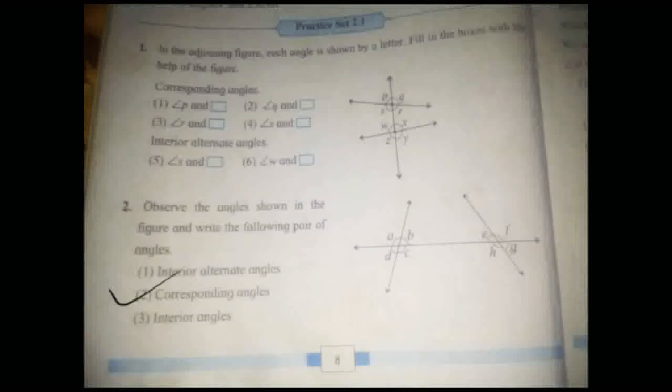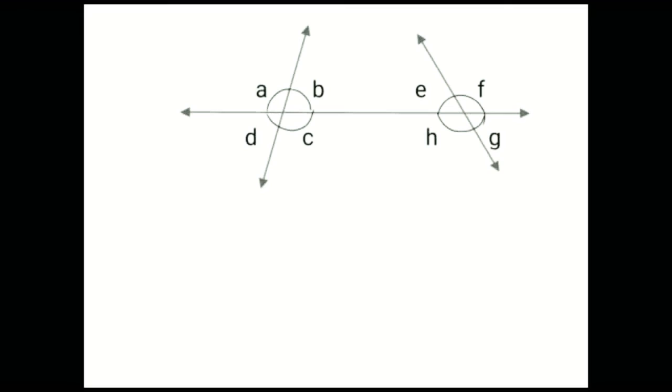Next one, corresponding angles. When you name the corresponding angles, it should be on the same direction, on the same side. If I take angle A, angle A is on the first line. You have to name the other angle on the other line, on the same side, on the same direction.